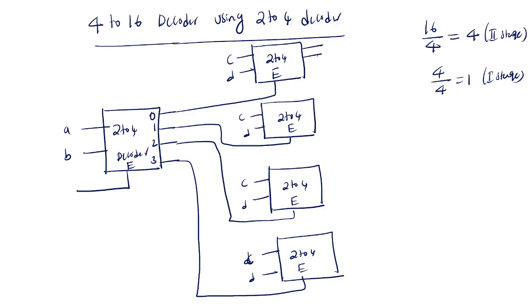Here four outputs, D0 to D3. And four outputs, D4 to D7. Four outputs, D8 to D11. Four outputs, D12 to D15. Like this, you will design the 4 to 16 decoder using 2 to 4 decoders.